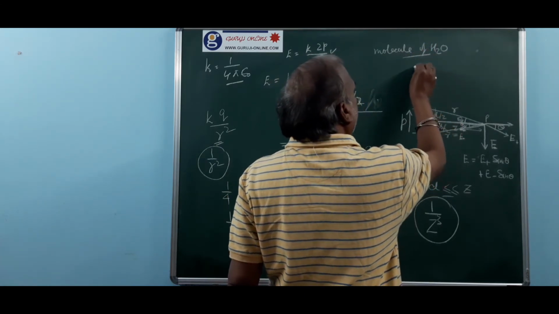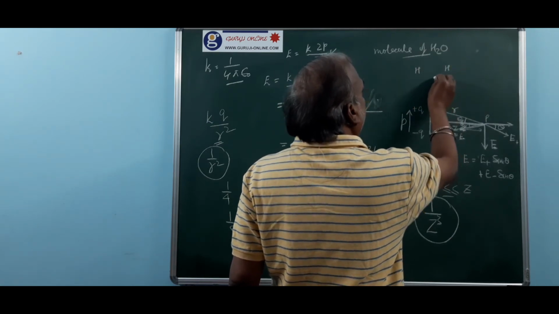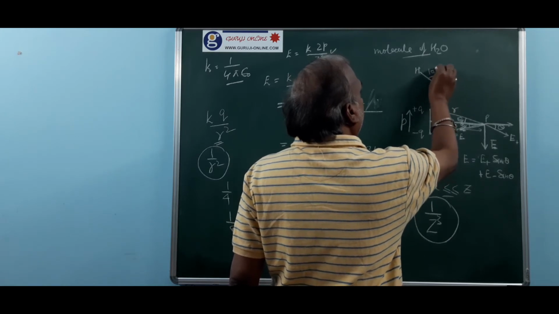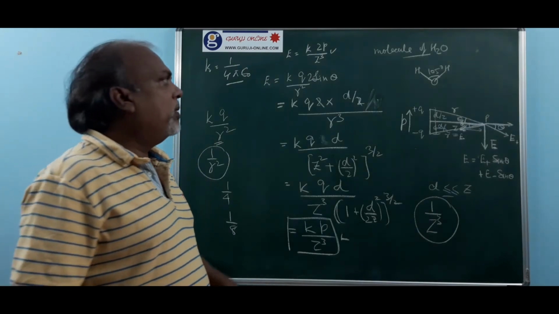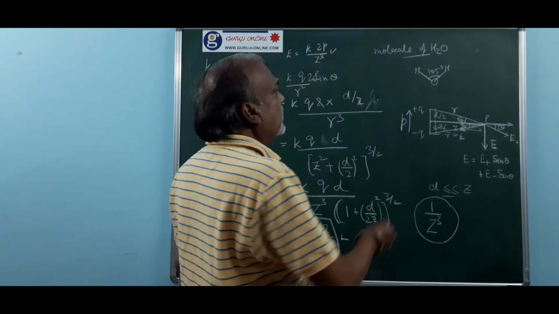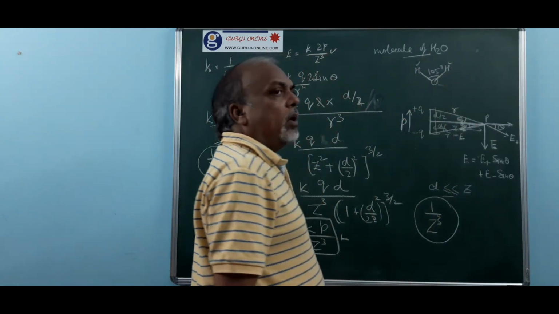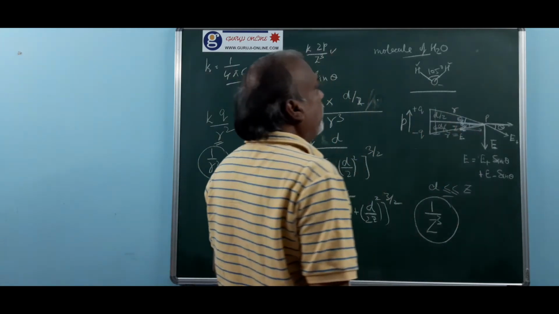There are 2 atoms and there is an angle of 105 between this H and O. This is 2 atoms of hydrogen and 1 atom of oxygen. So this is basically a practical dipole.